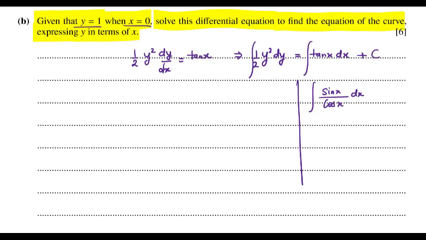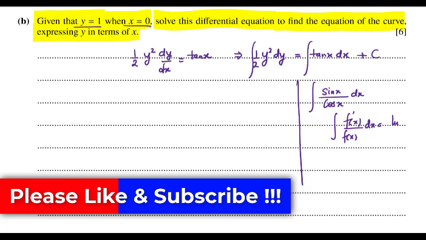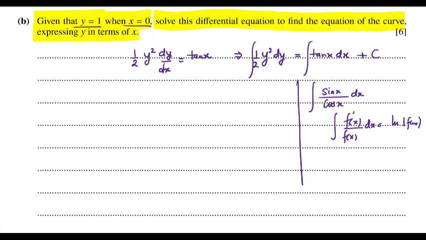And now we can think of it as minus f dash x upon f x dx, which is ln modulus f x, because we know that cos x differentiation is going to be minus sin x, so we can write minus here and minus here, so that we can get the numerator as f dash x.